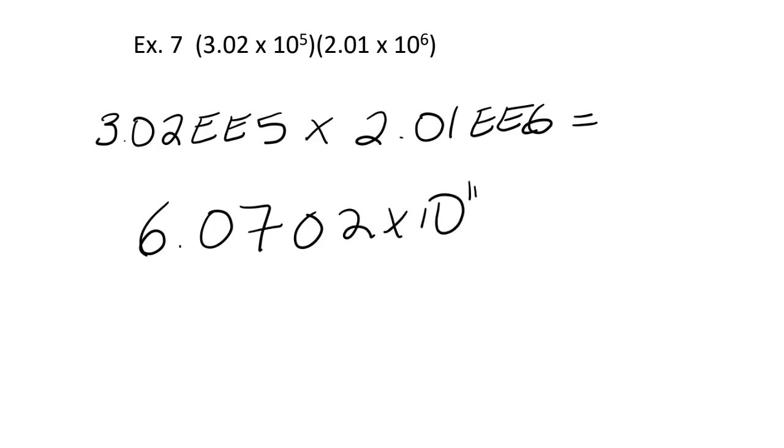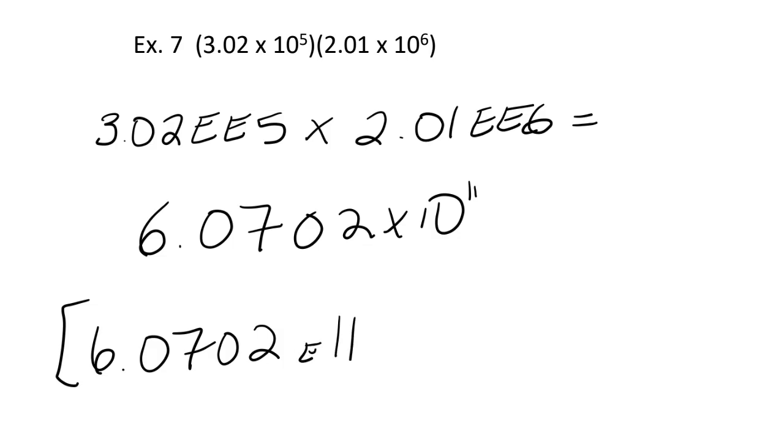Now, some calculators, when you read them, people are like, but I don't see times 10. They don't actually put times 10. In your calculator, you're actually going to see 6.0702 and then a little e and 11.